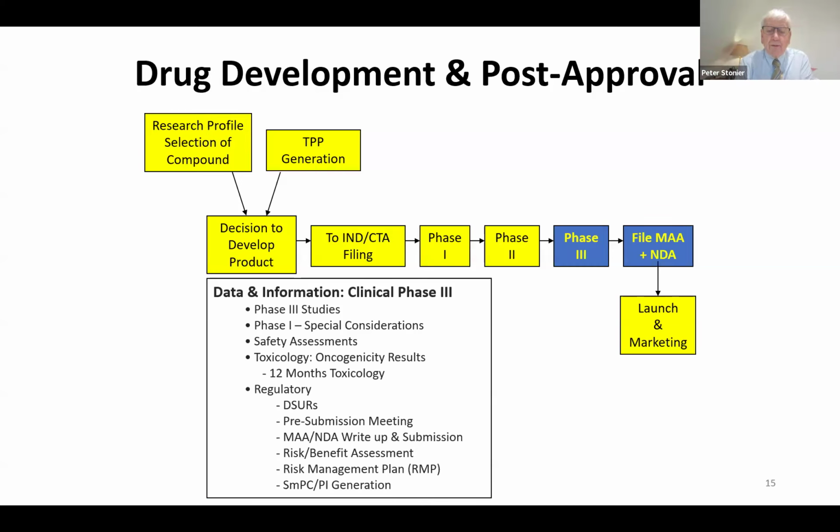And we're looking at regulatory issues such as the development safety update reports, which are a moving, developing set of reports to indicate how the safety data has accumulated and developed. We have pre-submission meetings with the regulators, between the regulators and the sponsors. We have a risk-benefit assessment, and we have the generation of the summary of product characteristics and package inserts initially through the product information.